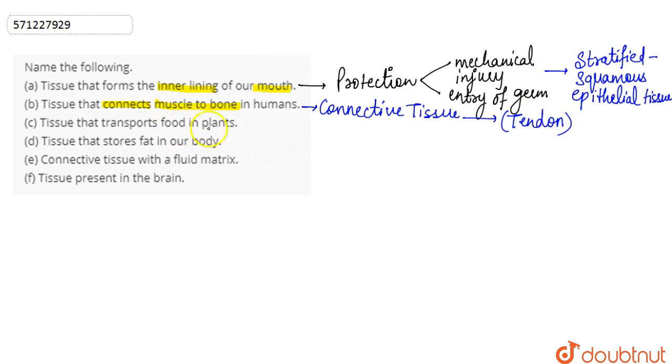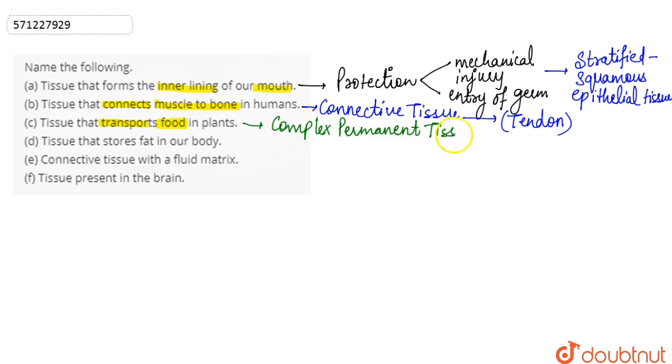Now if we look at the next part, we have to tell about the tissue that transports food in plants. So basically the function of transportation in plants is done by the complex permanent tissue, right?